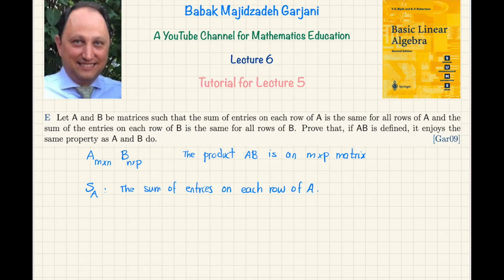A has this property that the sum of entries on each row is the same for all rows. And let me call that number SA. Similarly, let me call SB the same thing: the sum of entries on each row of matrix B.